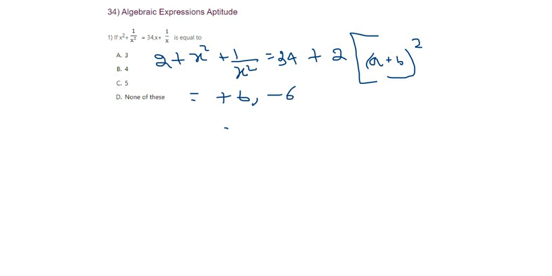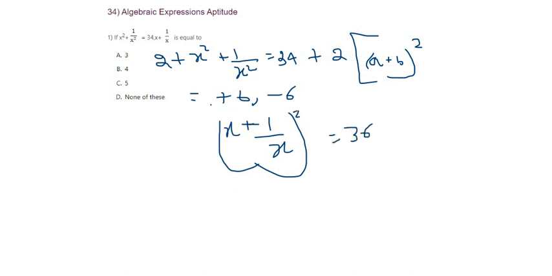So a plus b whole square, that is x plus 1 by x whole square, I'm getting as 36. So my x plus 1 by x will be plus 6 and minus 6. The answer is none of the above. Okay.